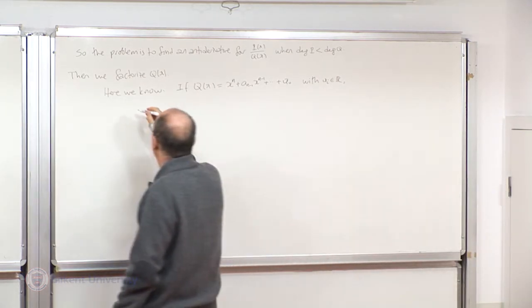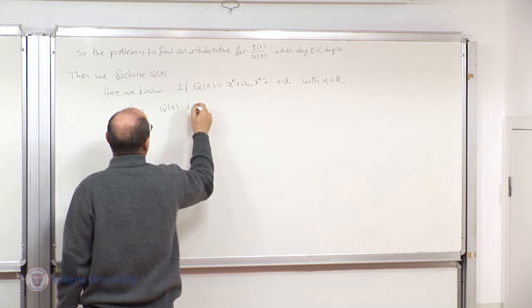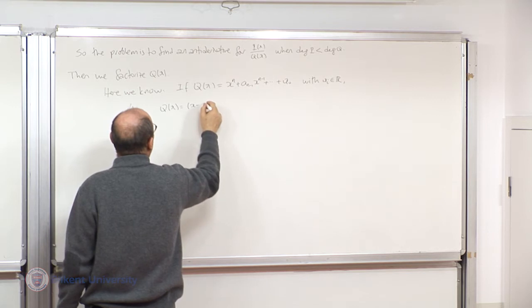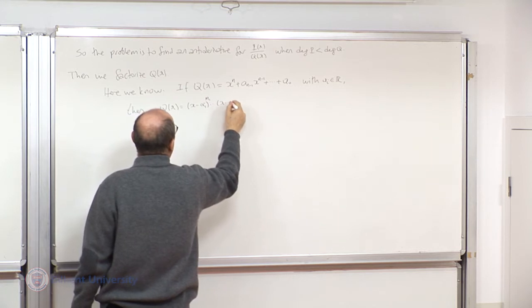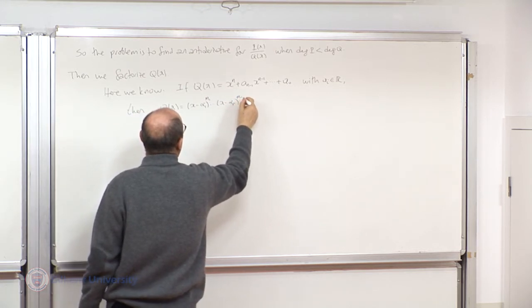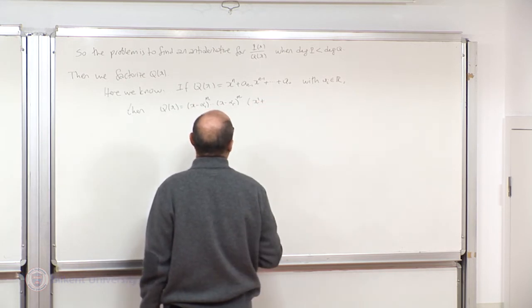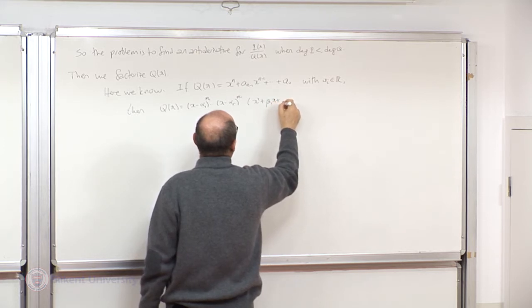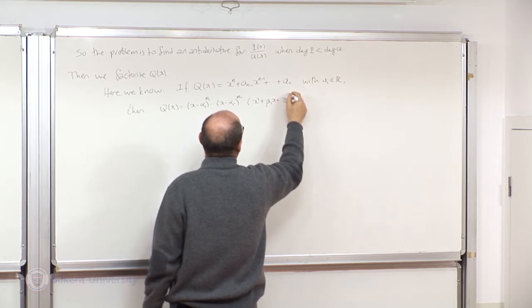Then q of x is equal to the product of x minus the root, say alpha 1, to some power m1, up to x minus alpha r to some power mr, and then we have x squared plus beta 1 x plus gamma 1, to some power, say L1.